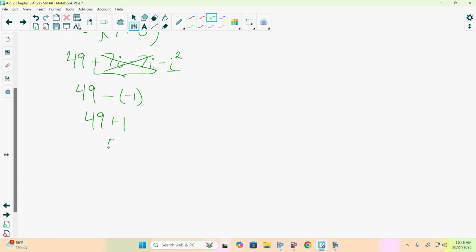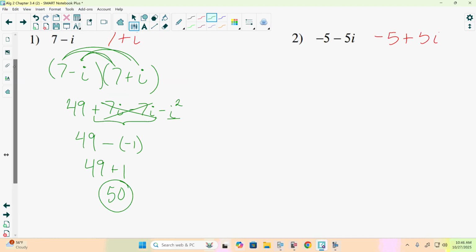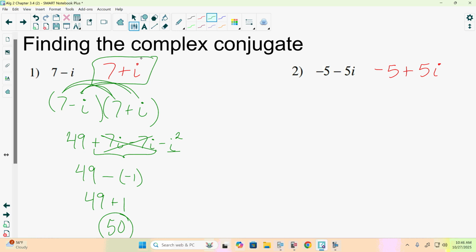Negative, negative makes it positive. Telling us that we have 49 plus 1, which is 50. If we multiply two complex conjugates together, we get a number. The i's will simplify out every time. So the complex conjugate is 7 plus i. Their product is 50.